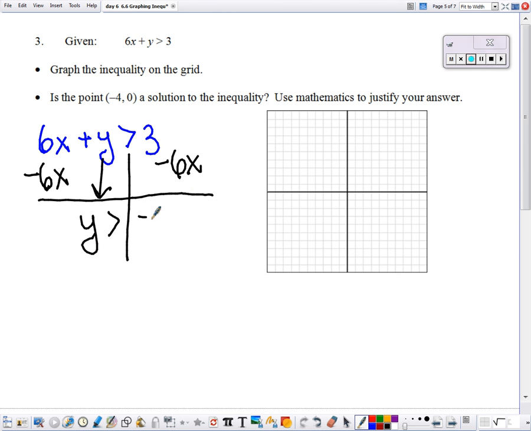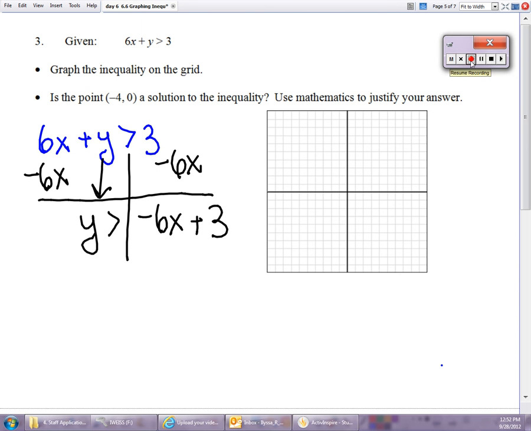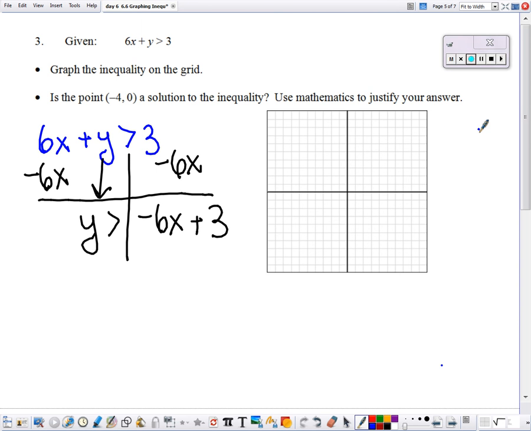And on this side, I cannot combine them. I'm just going to write them next to each other. Okay, so to graph this, we have to start at 3. Then I'm going to go down 6 and over 1. That's really steep.